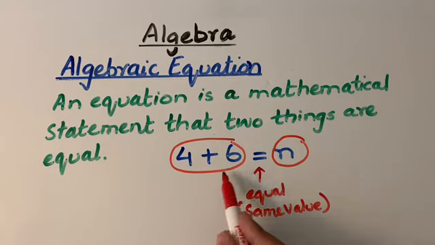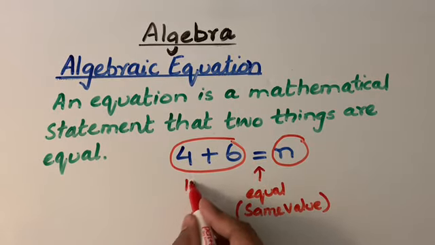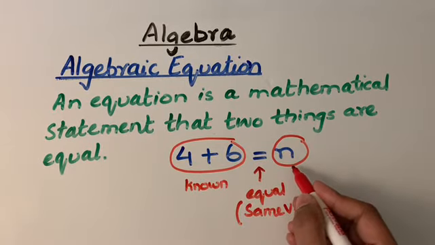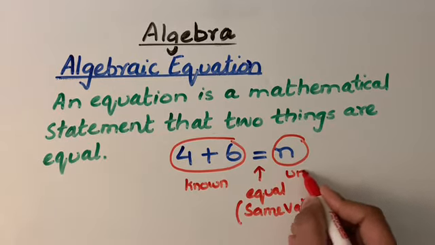So, things on this side of the equal sign are known, but the things on this side of the equal sign are unknown.